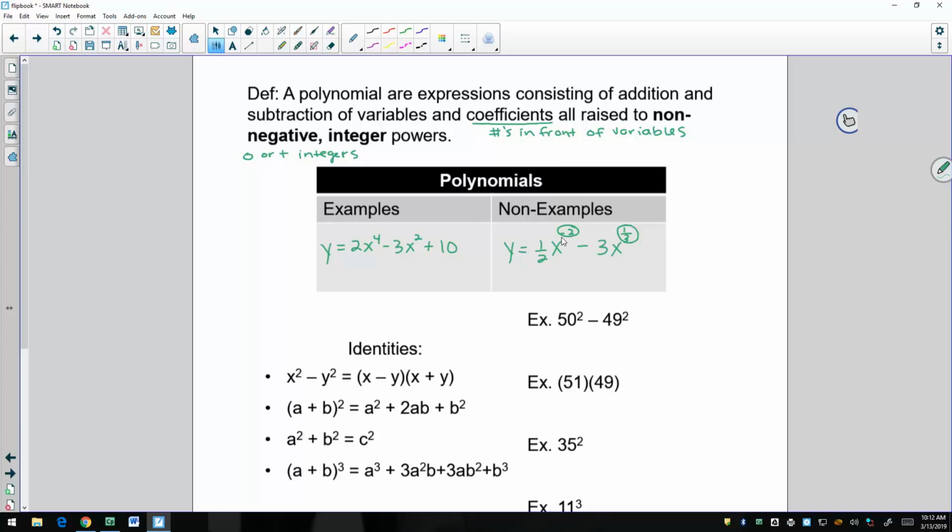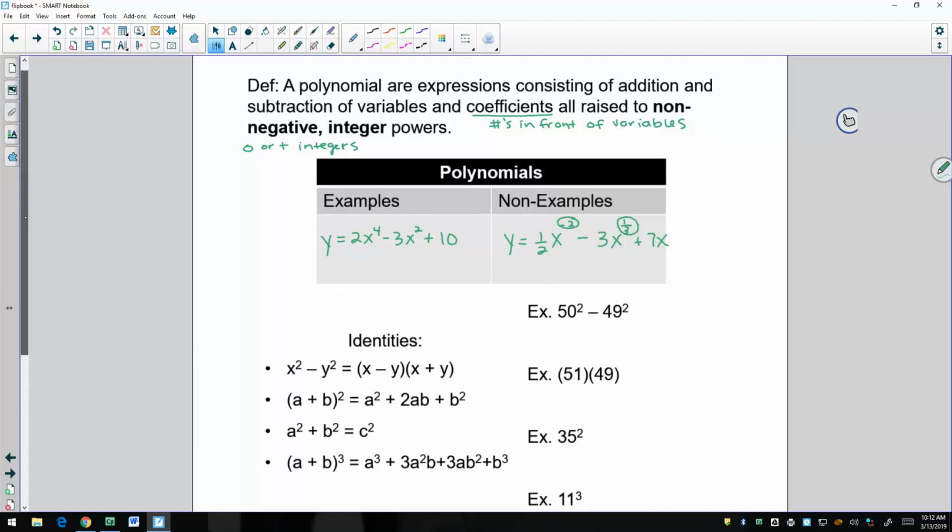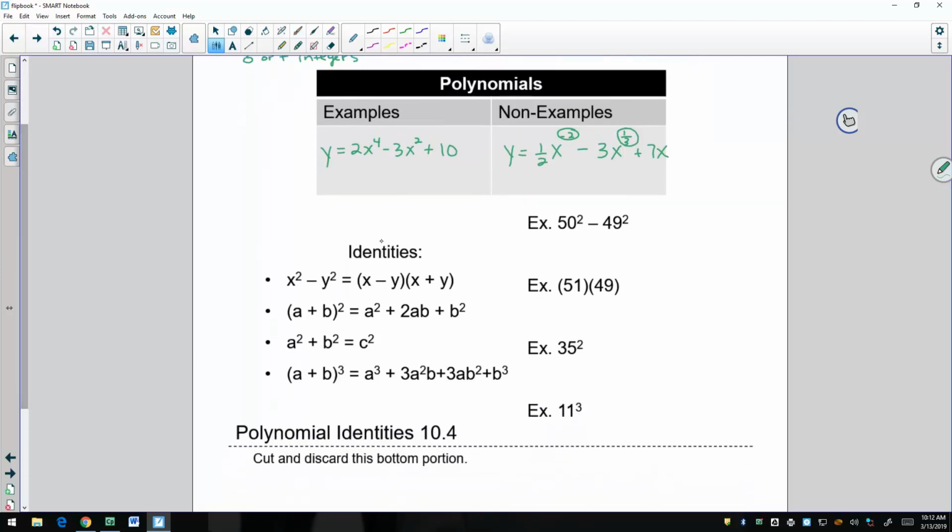Granted, you really only need one thing to make it not a polynomial, but in this case, just to show you, let me add on one more thing. Let's add on a 7x. So that actually would qualify as part of a polynomial. The 7x would be fine, but the rest of it, since you can't have negative or fractional exponents, it's not a polynomial.